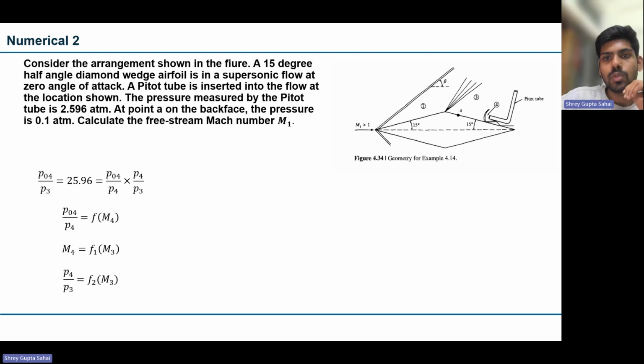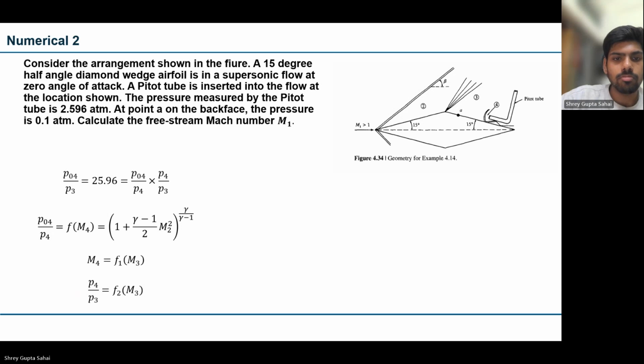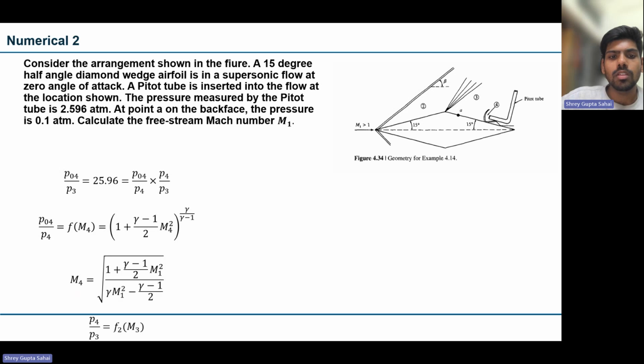Okay. So M4, then, we are pretty sure that M4 is a supersonic number and it's not a subsonic thing. So we also know M4 is this.